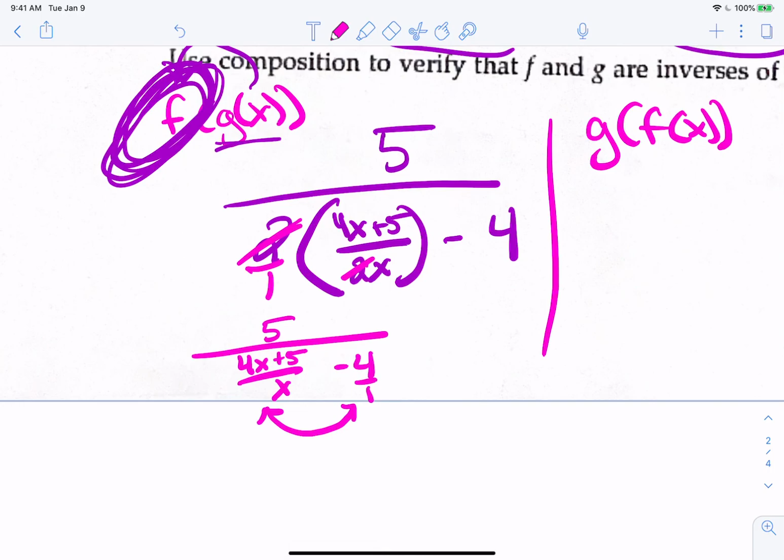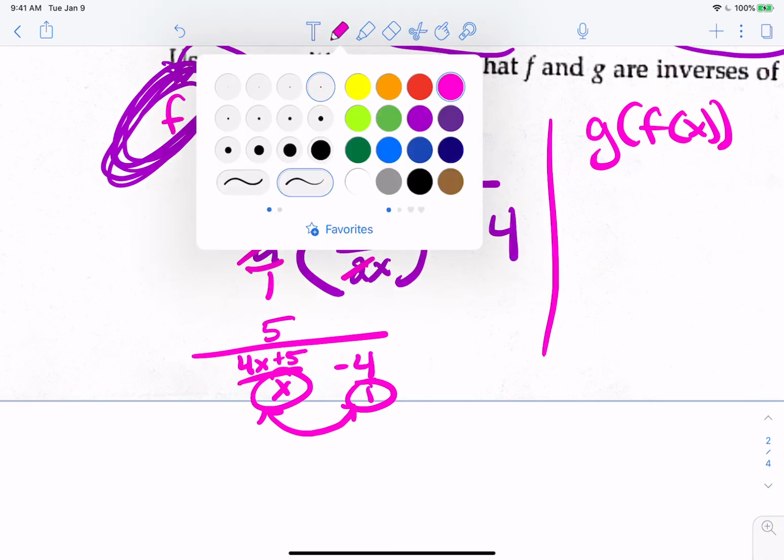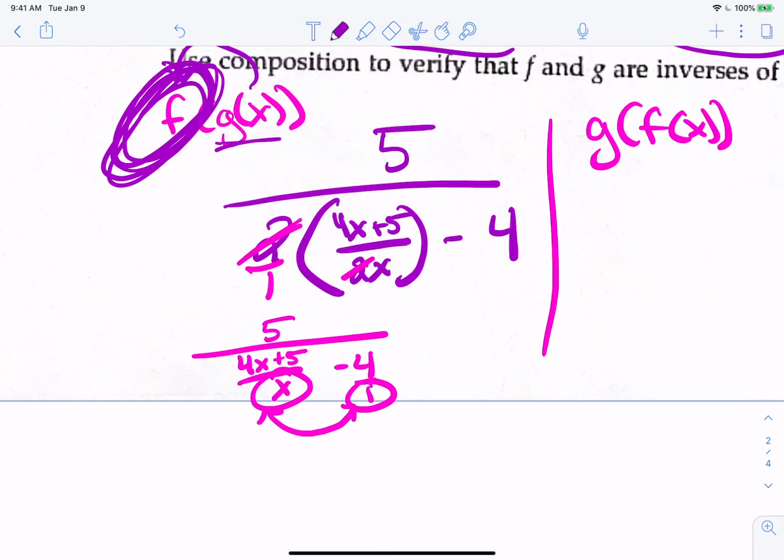But this one has a denominator of x, and this has a denominator of 1. So what's my common denominator going to be? x. So I'm going to multiply this guy by x on the bottom, which means I have to multiply him on the top. Do you agree that negative 4x over x is the same thing as negative 4? Those x's would cancel out, but I'm adding them on there so I can put them all together.